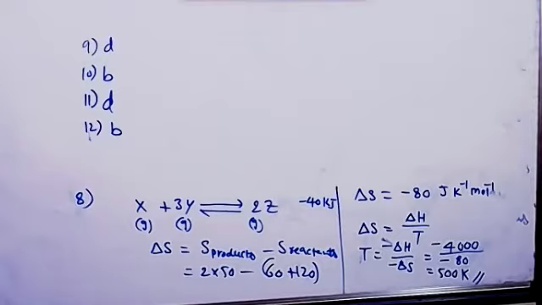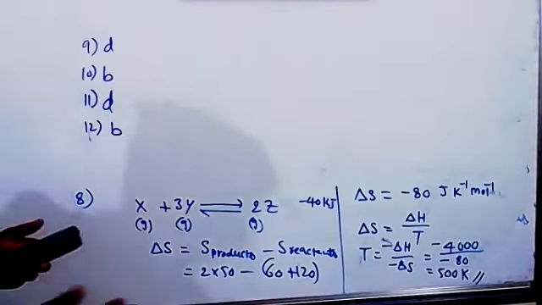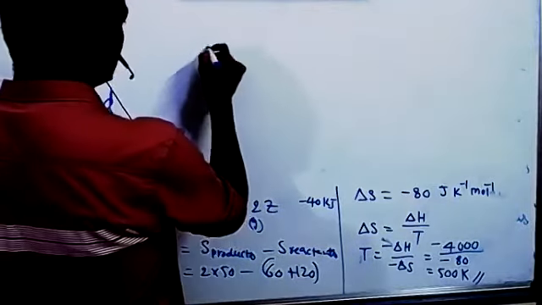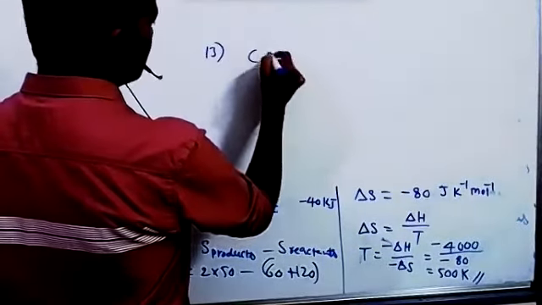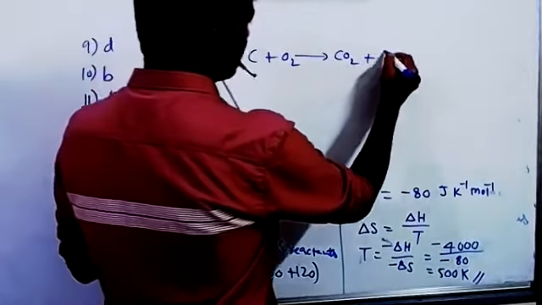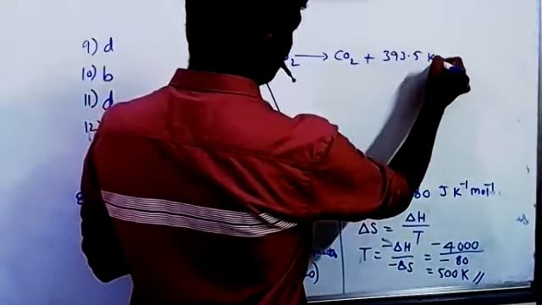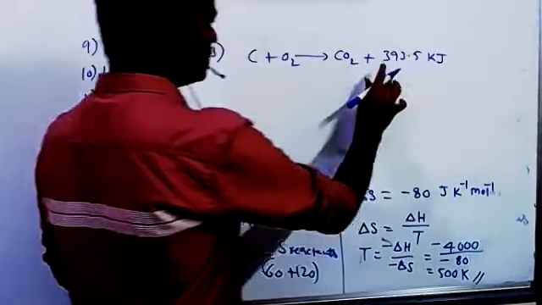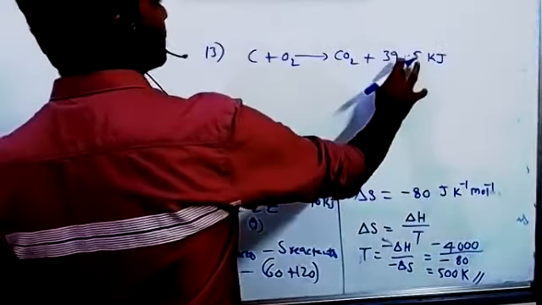13. Consider the reaction: carbon plus O2 gives CO2 plus 393.5. So the energy is denoted along with the equation. C plus O2 gives CO2 plus 393.5 kilojoule. So it means this is an exothermic reaction.